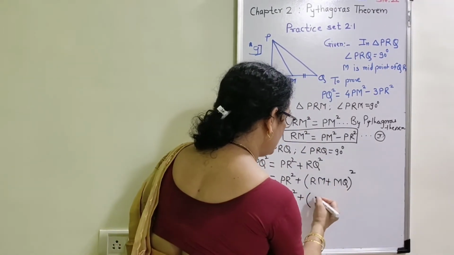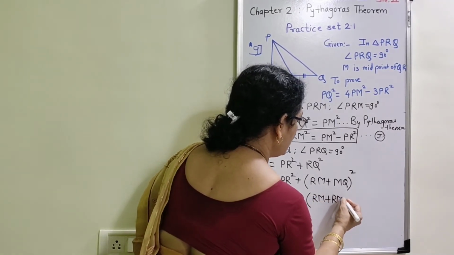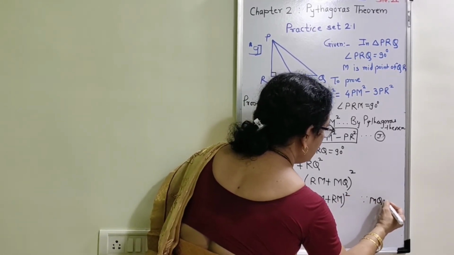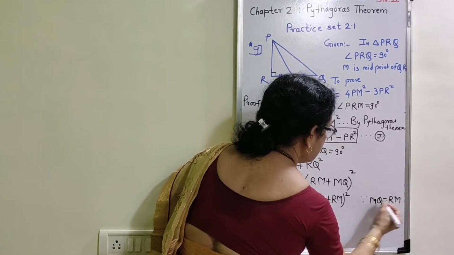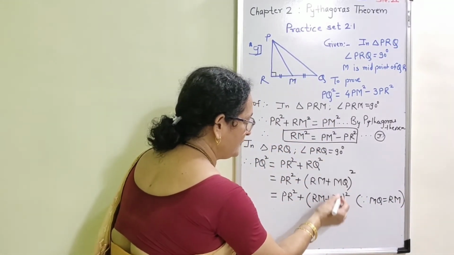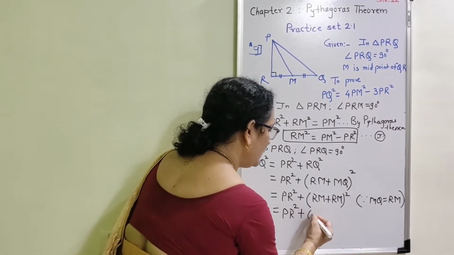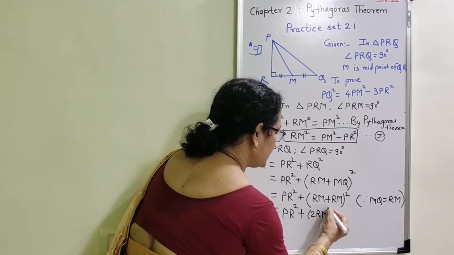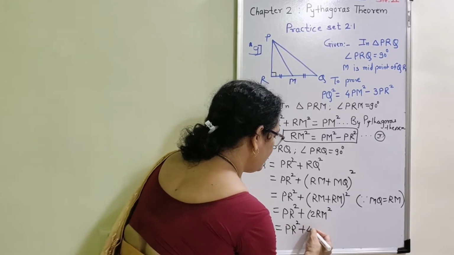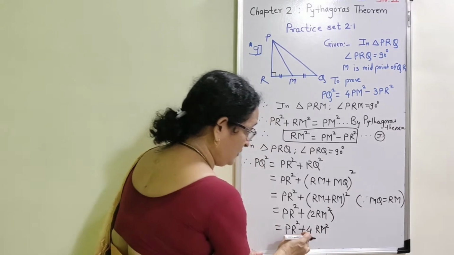In place of MQ, I am going to write RM again. So RQ is equal to 2RM, and RQ square is equal to 2RM square, which gives PQ square equal to PR square plus 4RM square, since 2 square is equal to 4.